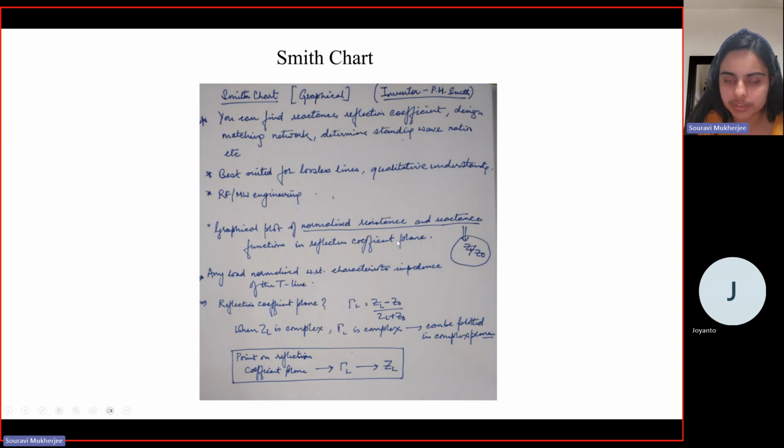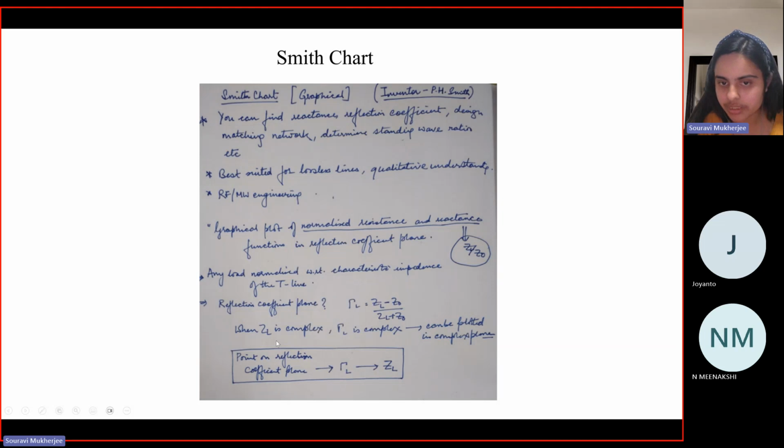Now, what do we mean by reflection coefficient plane? So we know that if the impedances do not match exactly, there is a reflection that happens, right? So one can get an estimate of the reflection coefficient, and this is how it's related to the load impedance and the characteristic impedance. So that means now if our load is a complex quantity, our reflection coefficient can be a complex quantity.